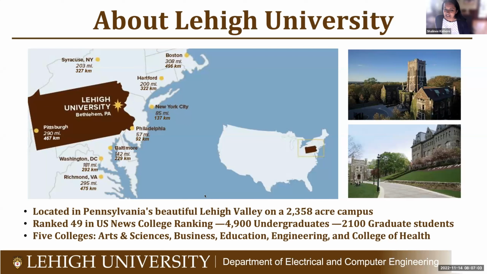We're located in the Lehigh Valley in Pennsylvania. Our campus is quite large. It's about 2,400 acres. It's a gorgeous campus, as you can see from the pictures. We're a top university with almost 5,000 undergraduate and over 2,000 graduate students.